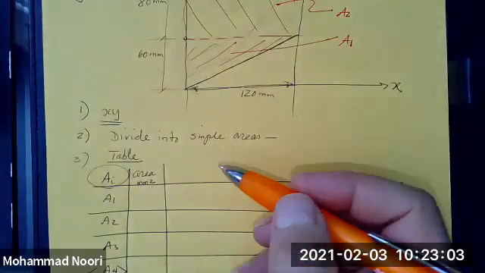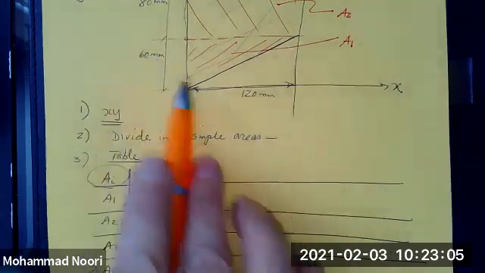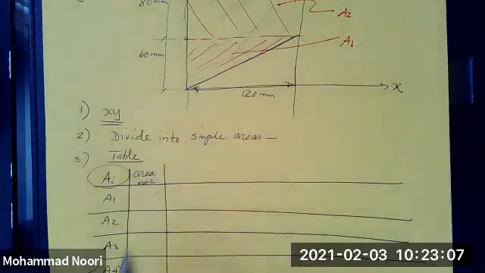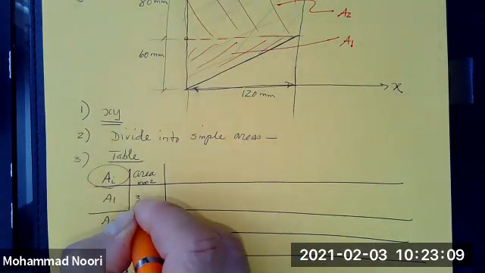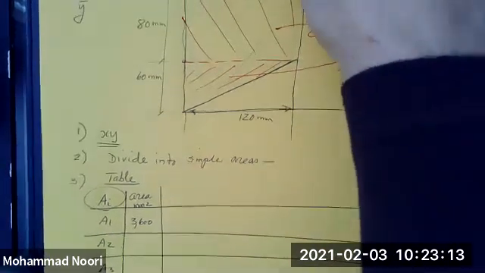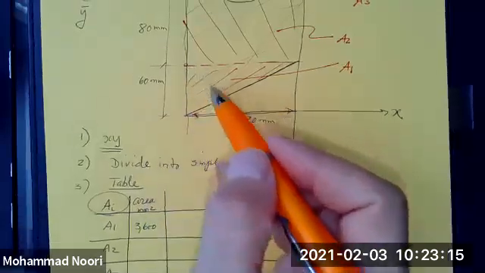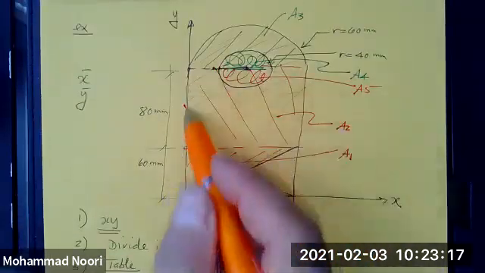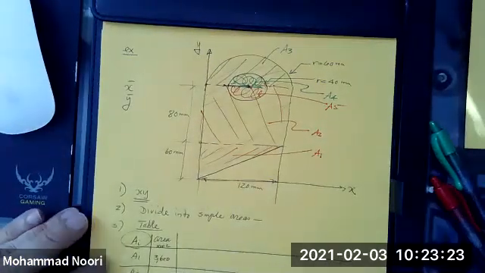So if I look at here, area 1 is 60 by 120 divided by 2. That would be 3,600 millimeters squared. Area 2 is this rectangle. Let me actually erase this so you can see the whole thing better. Okay, that's better.